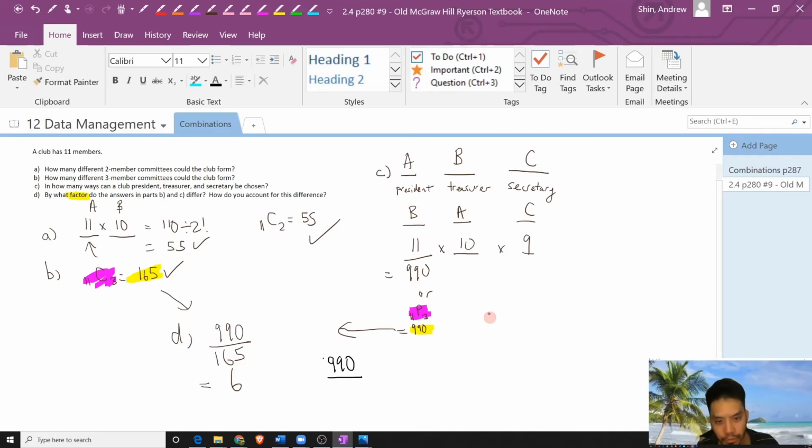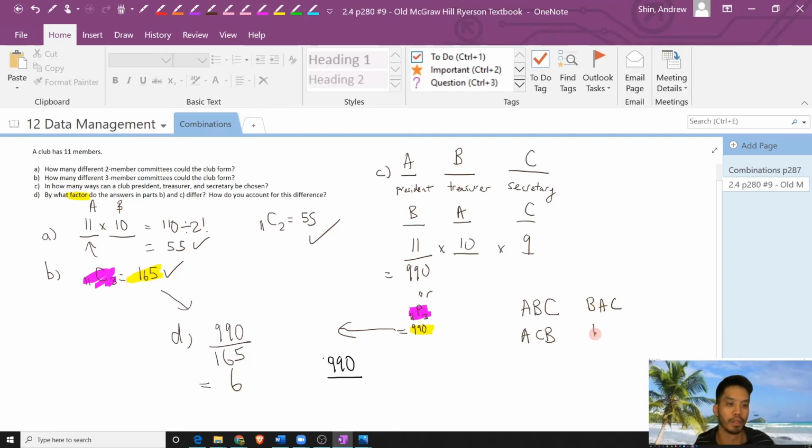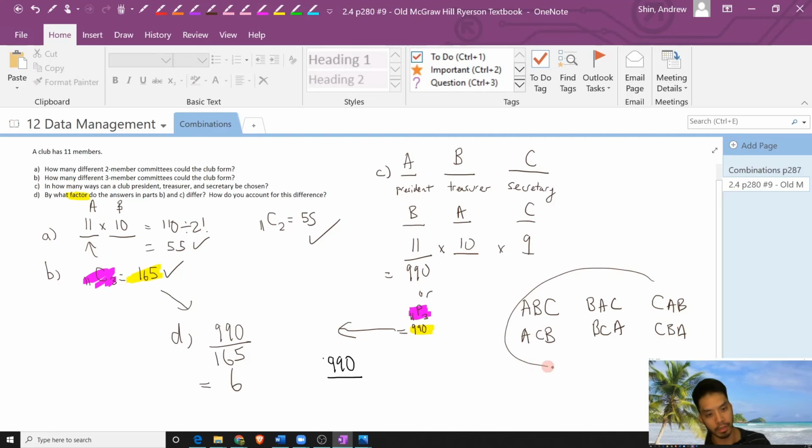So if we have person A, person B, and person C, this is the same as A, C, B, the same as B, A, C, B, C, A, C, A, B, and C, B, A.